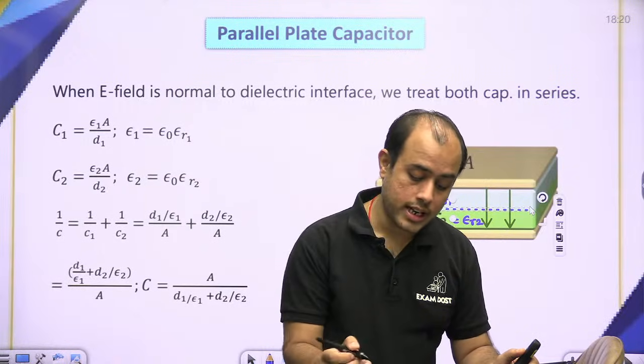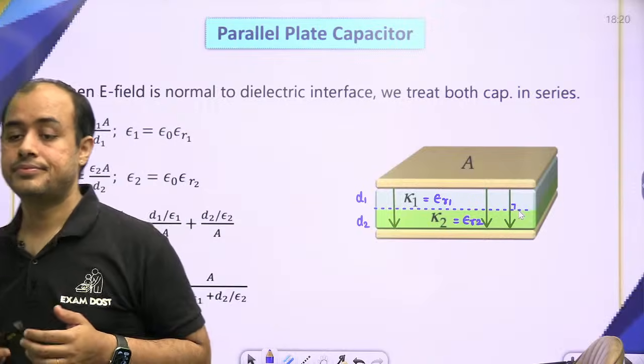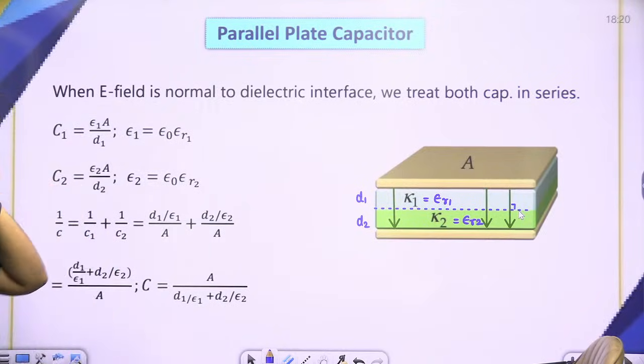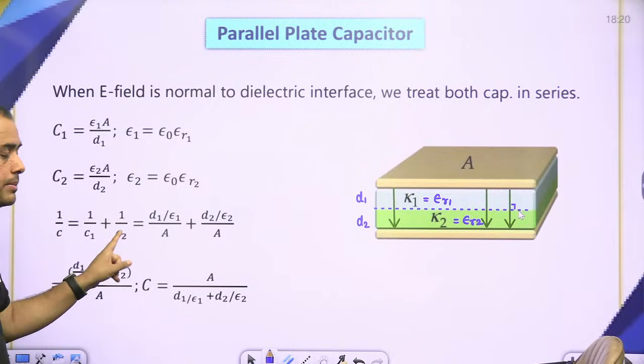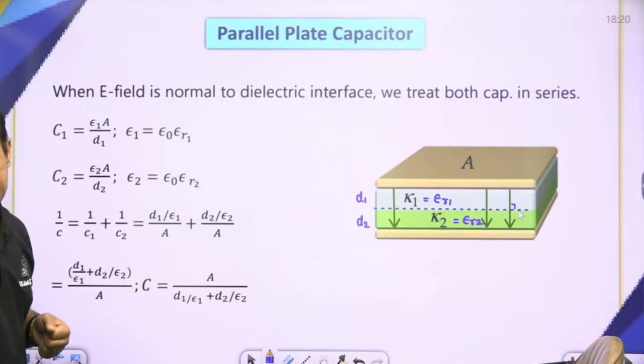Electric field perpendicular आ रही है दोनों के border के. In that case beta, they are considered to be series connection. So 1 by C is 1 by C1 plus 1 by C2. So that will be the capacitance.